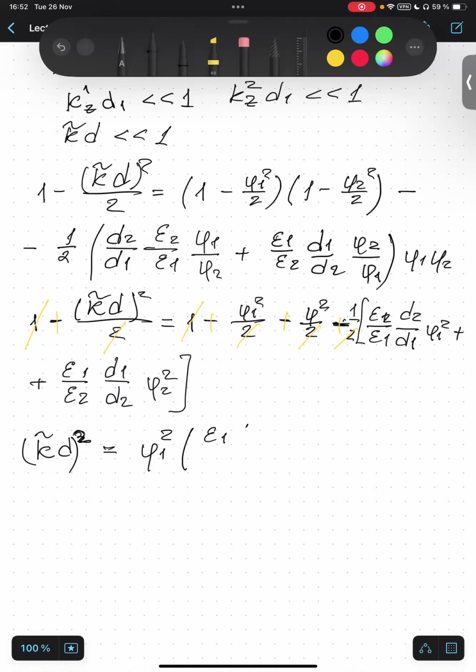Epsilon 1 d1 plus epsilon 2 d2 over 2 plus v2, the same epsilon 1 d1 plus epsilon 2 d2.